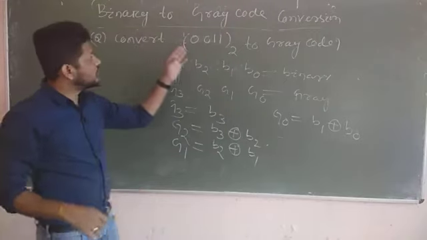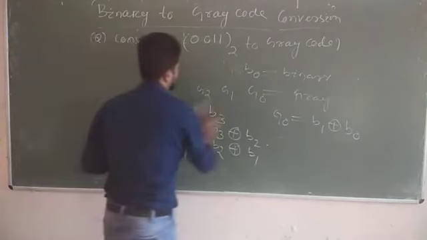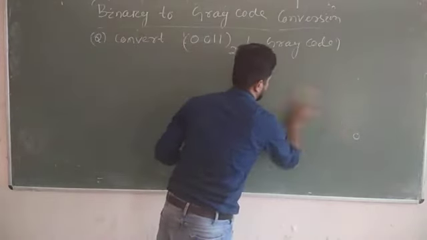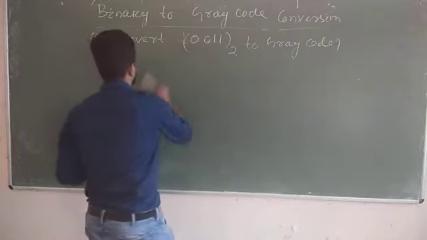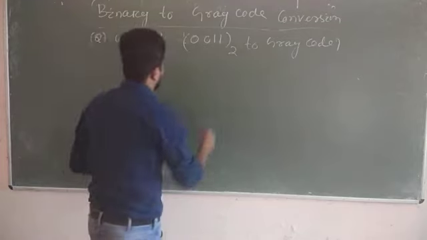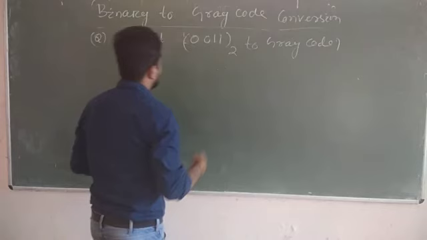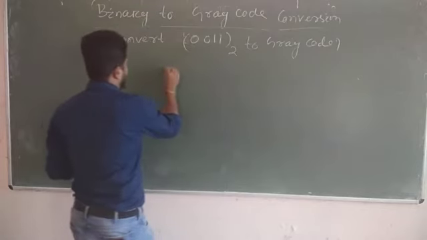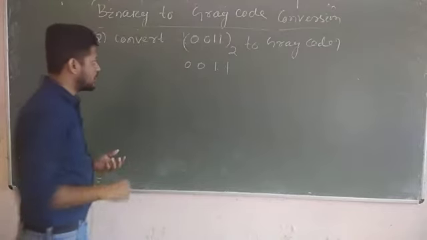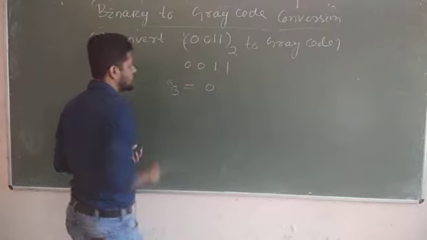So the question given is 0011, which is in binary, and I need to find the gray code. Directly I can write G3 is equal to 0.